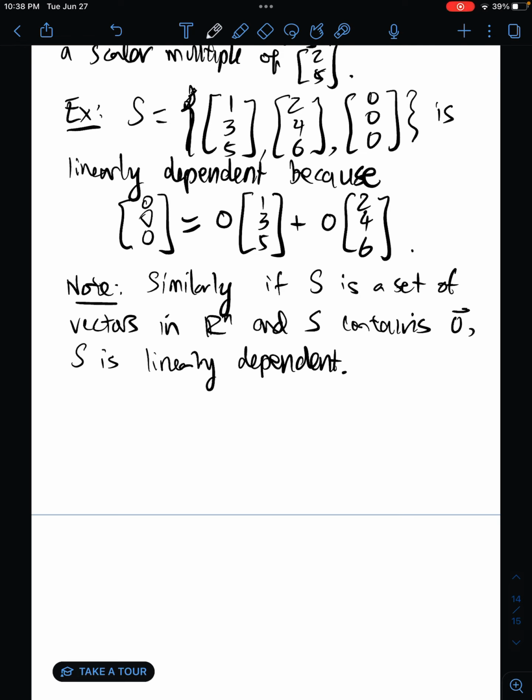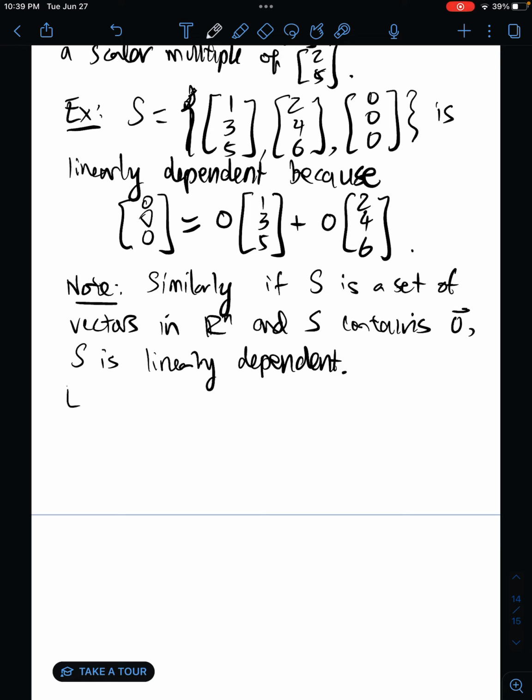And even if S only contained a zero vector, that would be linearly dependent still, because you can... oh shoot. Well, yes.